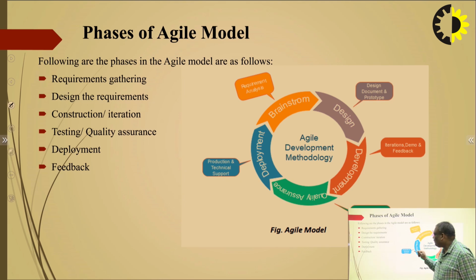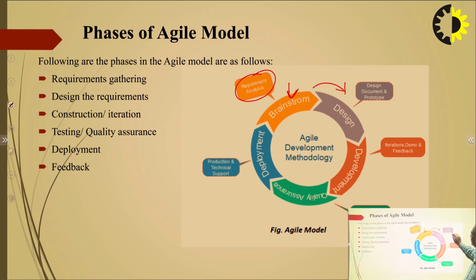With the help of this figure, this first part is brainstorming: the manager sets a meeting, and after the discussion finds a requirement, and these requirements are analyzed by the stakeholders. Then we go to the design pattern as well as documentation and prototype.